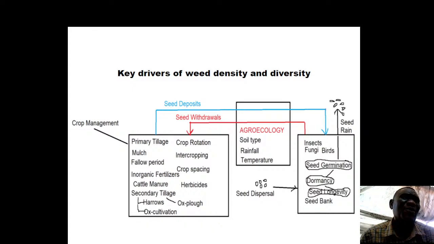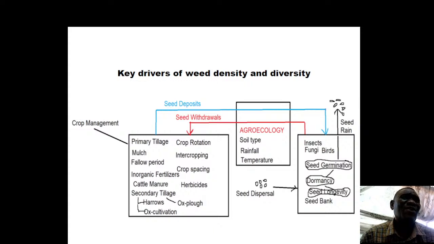But on the other hand, we have got crop management. Things like mulch, fallow, intercropping, all of these human activities which can actually influence this route, this blue route. We can actually reduce seed deposits into the seed bank by these human activities. We can also increase seed deposits.